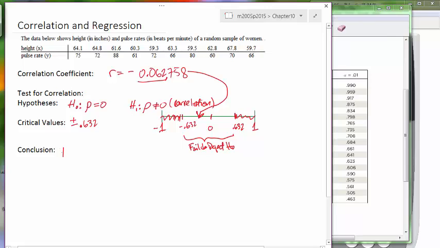So our conclusion, there is no correlation. And we should finish the statement based on the problem that was given. There was no correlation between the heights and pulse rates of women.